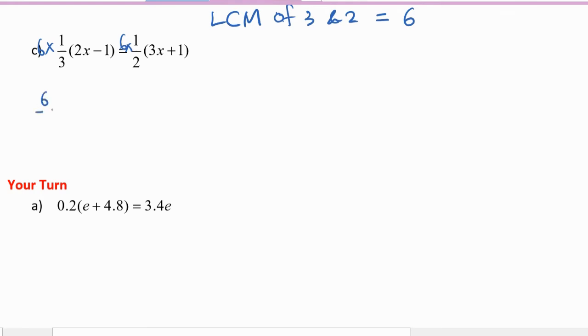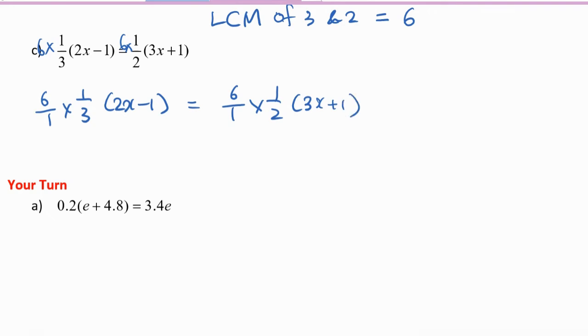That is the same as 6/1 times 1/3 (2x minus 1), and 6/1 times 1/2 (3x plus 1). Then you can reduce 6/1 times 1/3 and 6/1 times 1/2, by 3 and by 2.